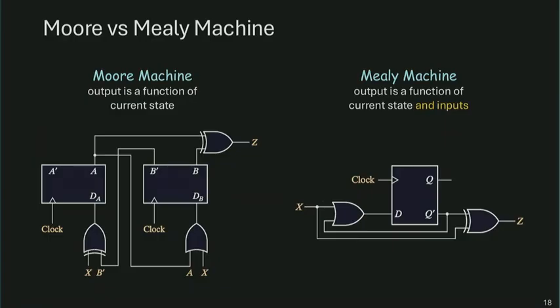So it's a Moore machine. Output z does not depend directly on the circuit inputs. Whereas in this other circuit diagram, output z is a function of the state, the complement of my state variable, and also the primary input x. So that's a Mealy machine. We simply analyze the connectivity of the output to figure out whether it's Moore with no connection to inputs, or Mealy with some connection to inputs.